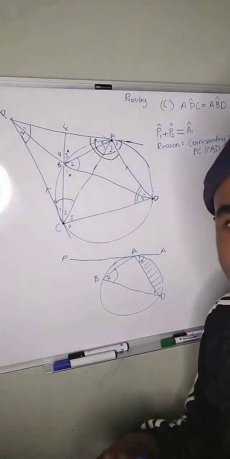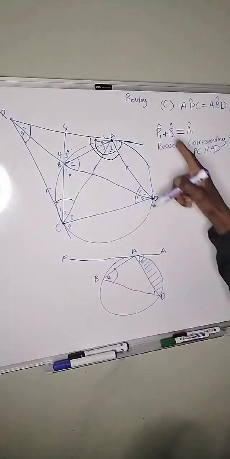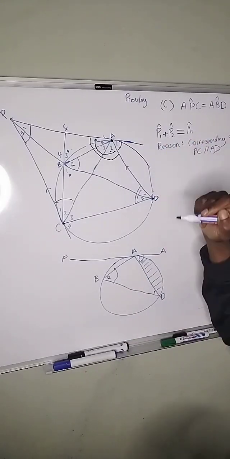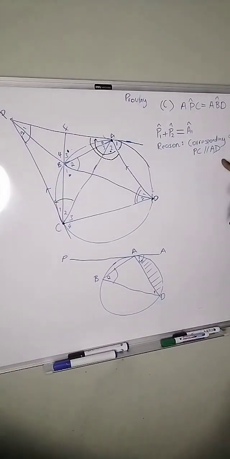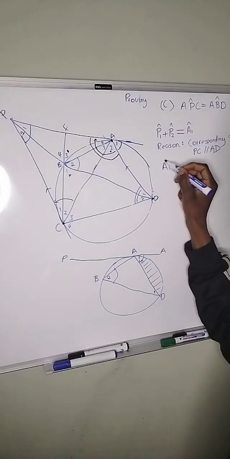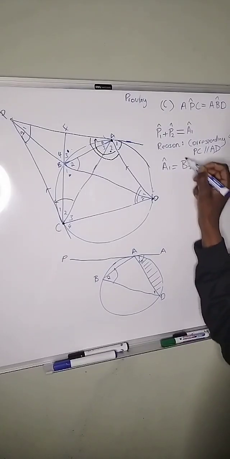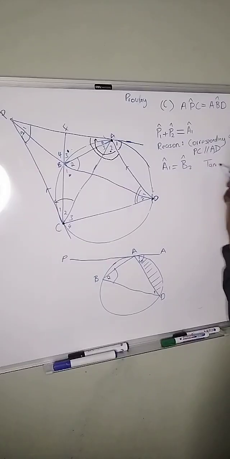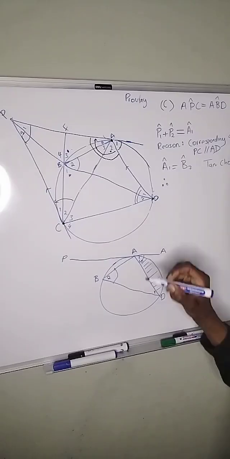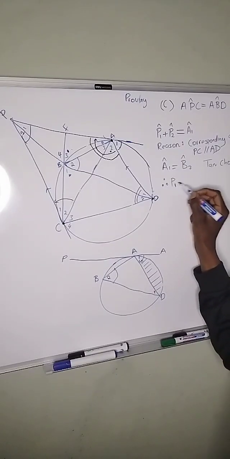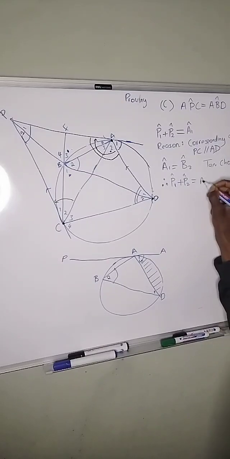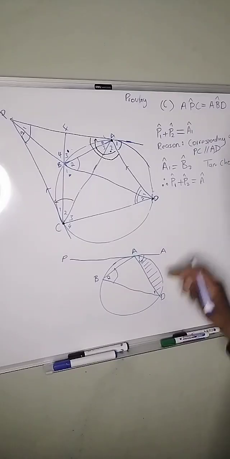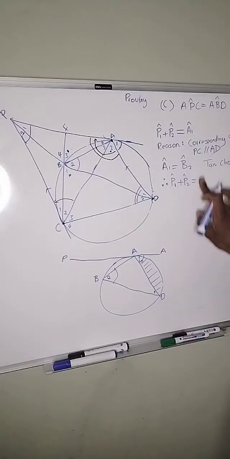So on our script, what are we going to write? We said P1 plus P2 is going to be equal to A1. Reason: corresponding angles, PC is parallel to AD. Another one, we are going to say A1 is going to be equal to B2. Reason: tan chord. So therefore, P1 plus P2 are going to be equal to B2.